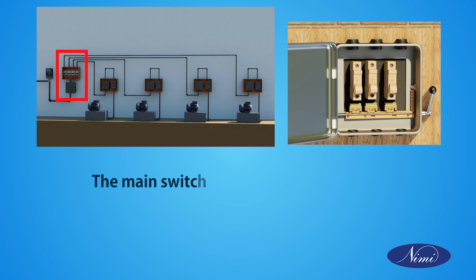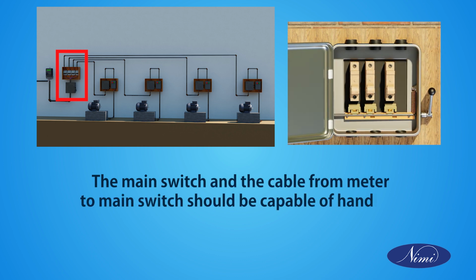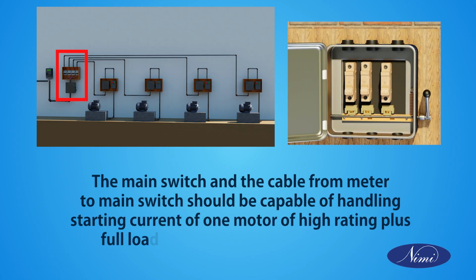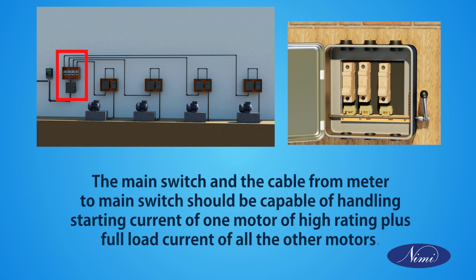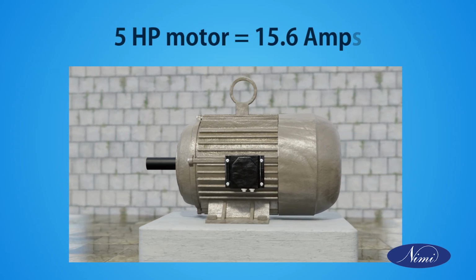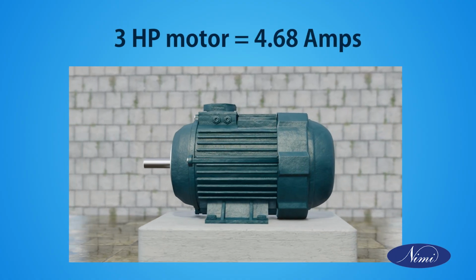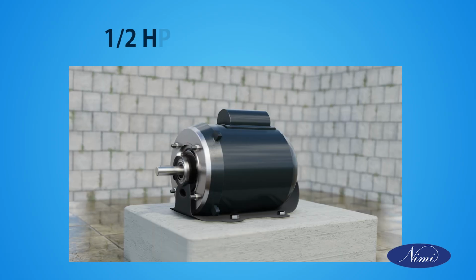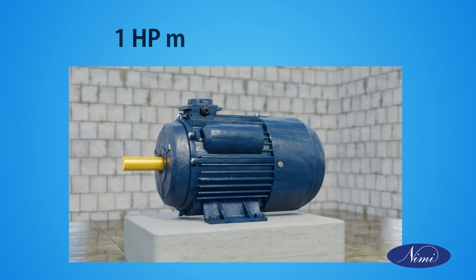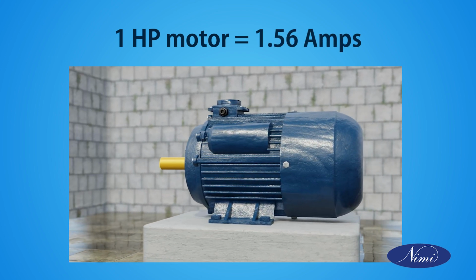The main switch and the cable from meter to main switch should be capable of handling starting current of one motor of high rating plus full load current of all the other motors. 5 HP motor is equal to 15.6 amps. 3 HP motor is equal to 4.68 amps. Half HP motor is equal to 2.25 amps. And 1 HP motor is equal to 1.56 amps.